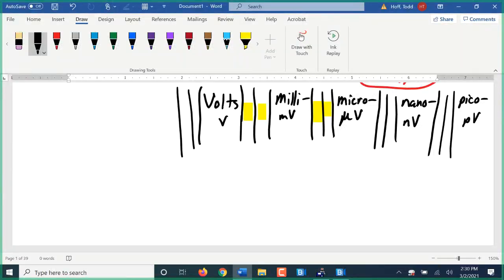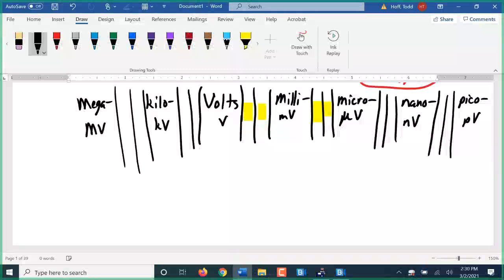Going larger again, we're going to skip the deca and hecto and go straight to kilo. A kilovolt is 1,000 volts. We jump up to mega, capital MV. A megavolt is 1,000,000 volts. And then, of course, we go to giga.